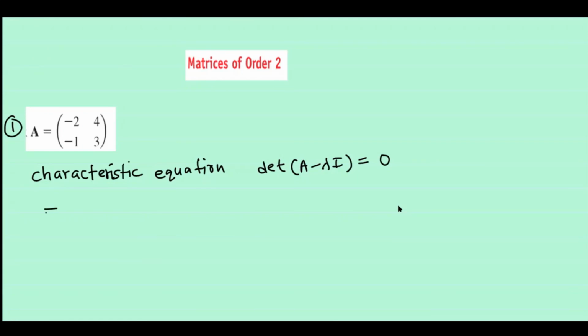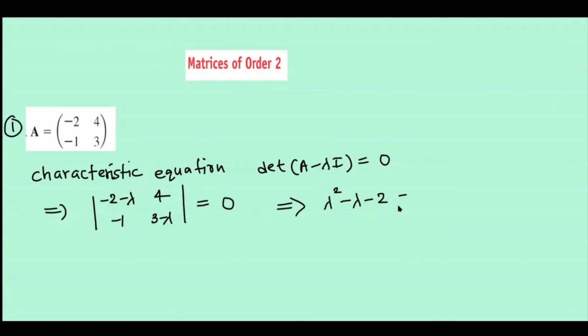So this implies determinant of minus 2 minus lambda, 4, minus 1, 3 minus lambda equal to 0. When you expand this, we will get lambda square minus lambda minus 2 equal to 0. So this is the characteristic equation.